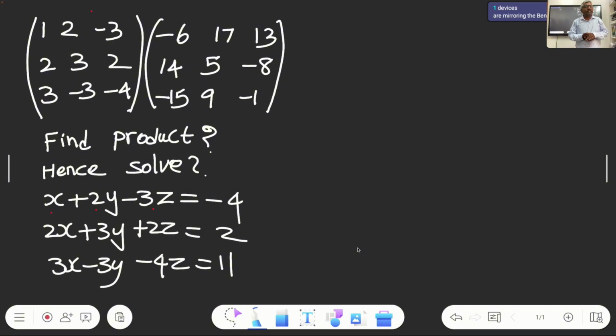Multiply the two matrices. If we get 1, 0, 0, 0, 1, 0, 0, 0, 1, then the second matrix is the inverse of the first matrix. If the product doesn't come 1, 0, 0, 0, 1, 0, 0, 0, 1, no problem. At least it should be a scalar matrix.